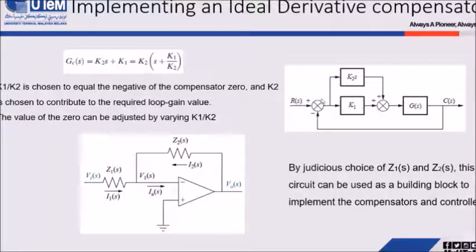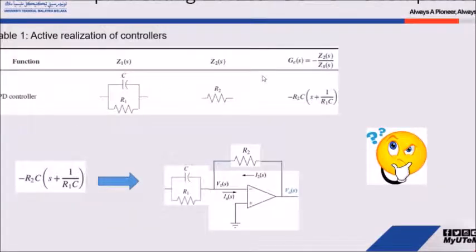Based on this, we can implement this controller in real life using this circuit by finding the values of Z1 and Z2. To find Z1 and Z2, we can refer to this table, where for the PD controller, the parallel of component C and R1 represents Z1 and component R2 represents Z2.